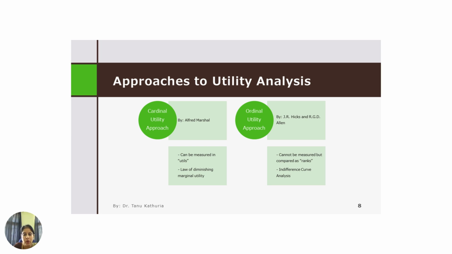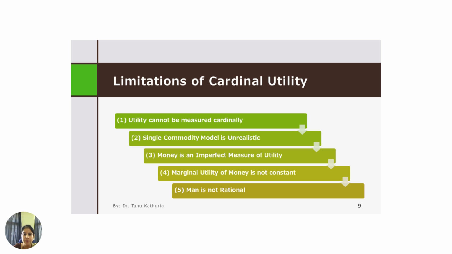Cardinal says yes, we can measure the utility in terms of utils, whereas ordinal says we cannot measure the utility because naturally it is a mental concept. So we usually give ranks. In the cardinal approach, we measure the utility by way of the law of diminishing marginal utility because I know how much my utility is increasing or diminishing. Whereas in the ordinal approach, we use curves to tell how much I am satisfied or how much I am dissatisfied.